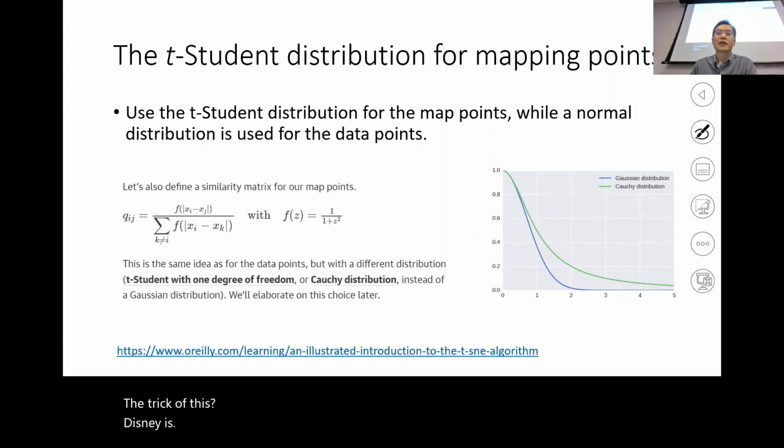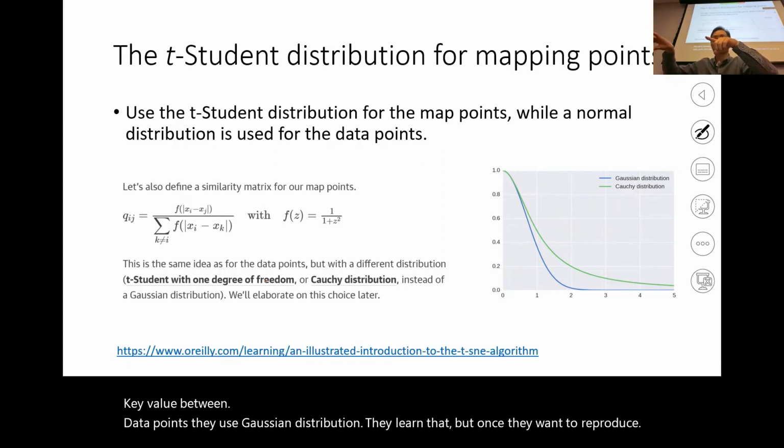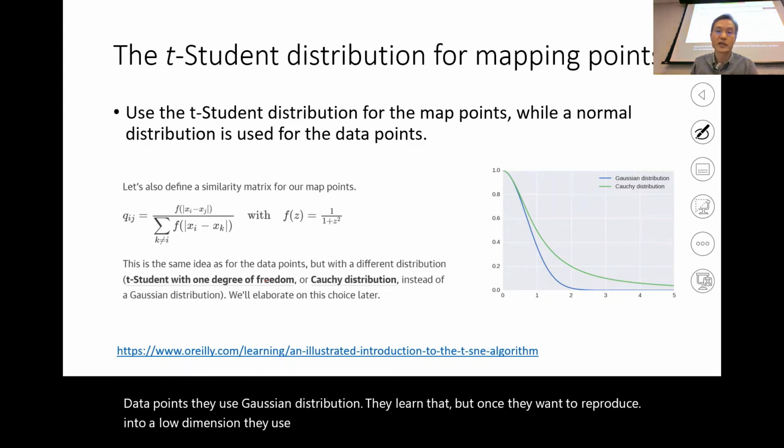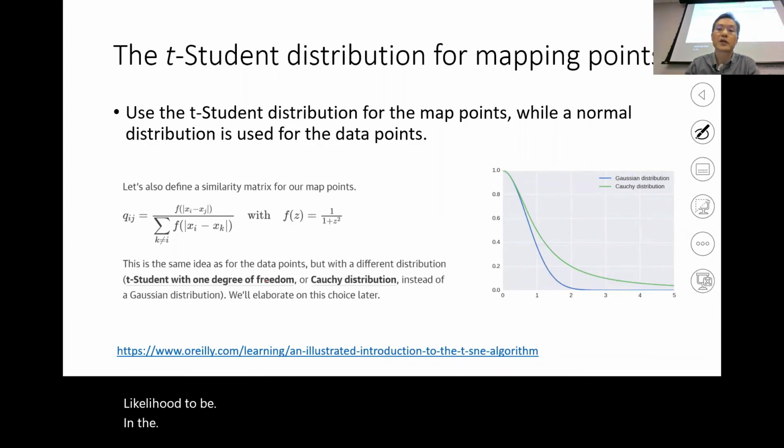The trick of this is when they learn the high dimensional p-value between data points, they use Gaussian distribution. But once they want to reproduce it in low dimension, they use t distribution. And the t distribution has a fatter tail, so it's less steep.